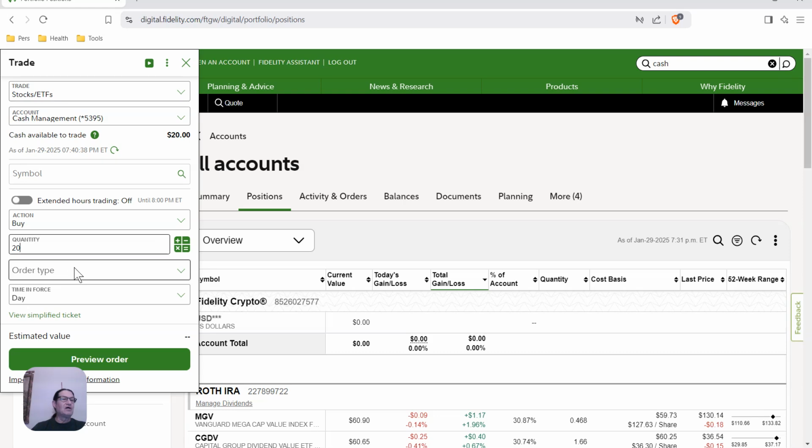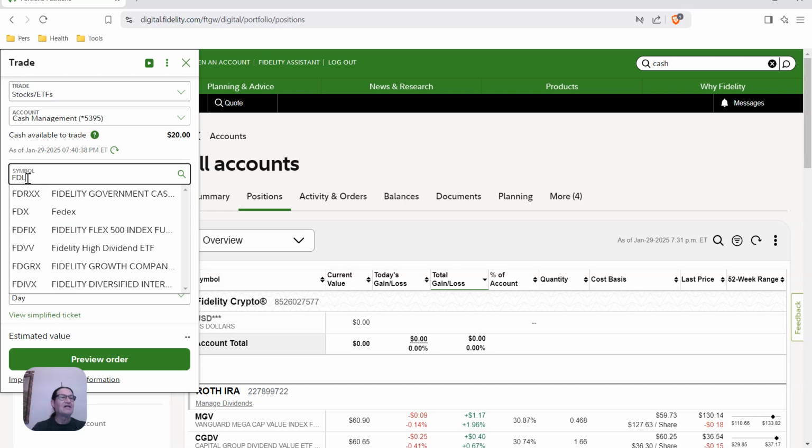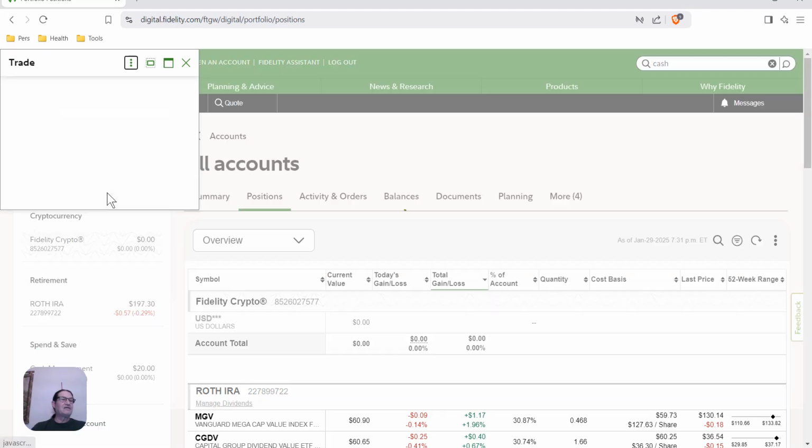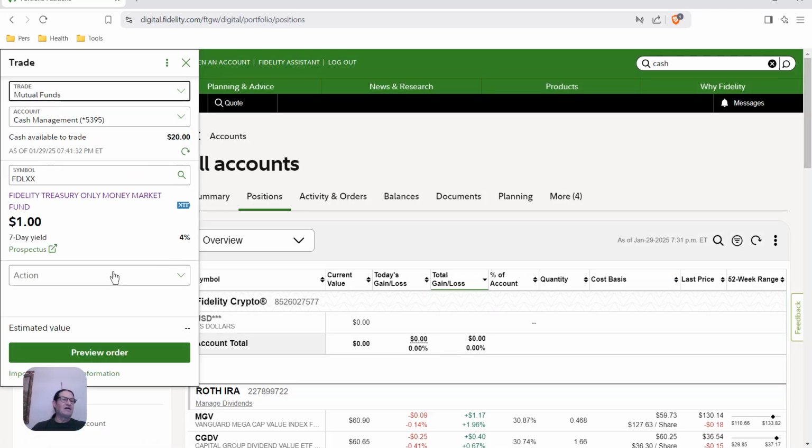Sorry, I forgot the symbol here, which is important. Type in FDLXX, and it shows you Fidelity Treasury only. So that means those are all government bonds, and you simply click on that, and then you fill out the rest.